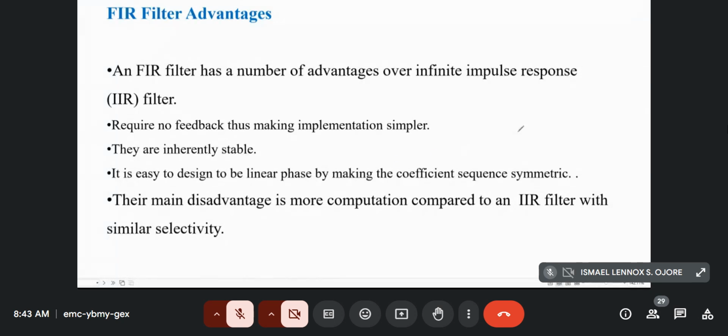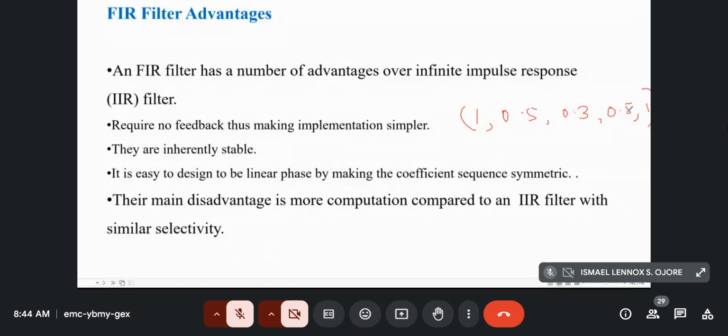It would mean if you have coefficients like, let's say, 1.5, 0.3, 0.5, 0.3, 1.5 — that's what we call coefficient sequence symmetric.